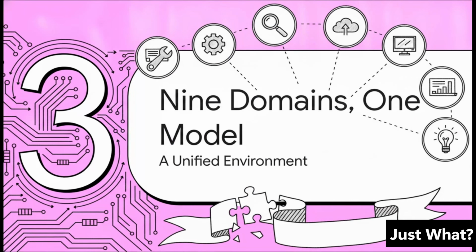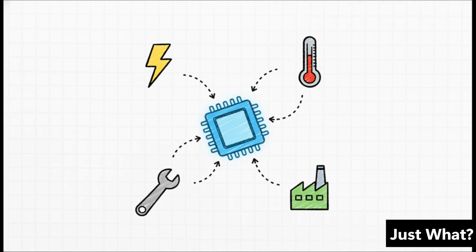Which brings us to section 3, 9 domains, 1 model. Let's look at this unified environment. So the real magic of a digital twin comes from taking all these distinct, usually fragmented engineering domains and pulling them into one single environment. We're talking electrical connectivity, signal and power integrity, thermals, mechanical fit, manufacturing constraints, assembly, reliability analysis, right down to lifecycle management.